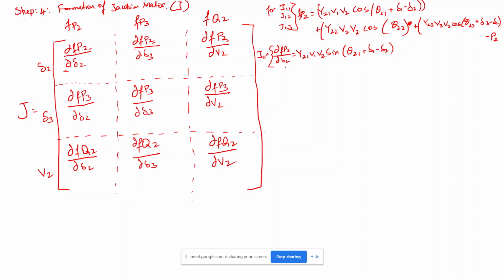And where else is this delta 2 there? Is there any delta 2 in this component? There is no delta 2.